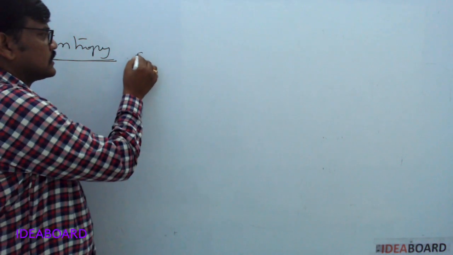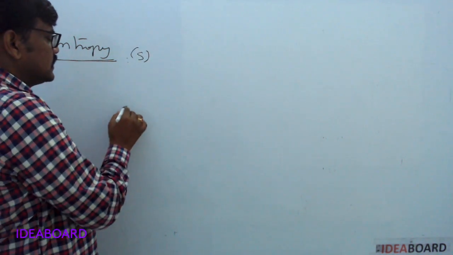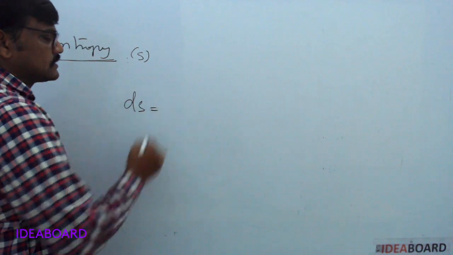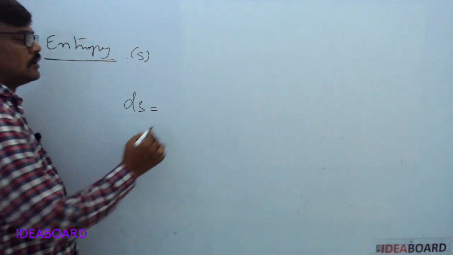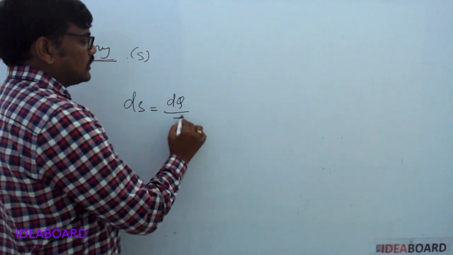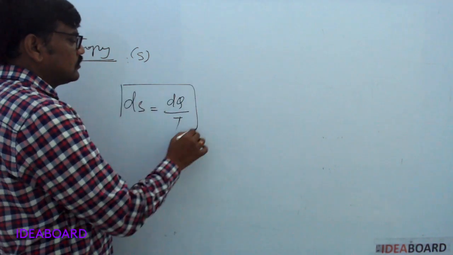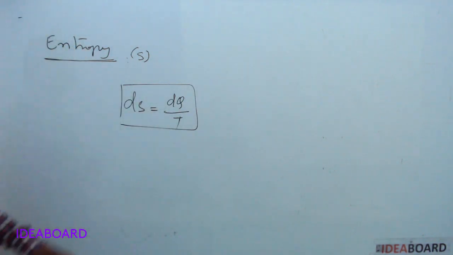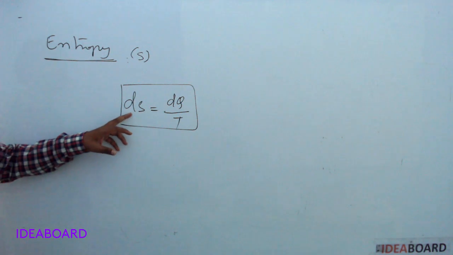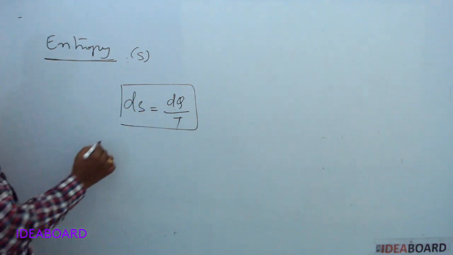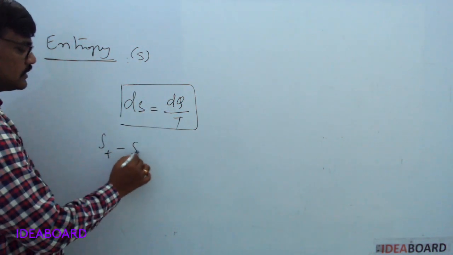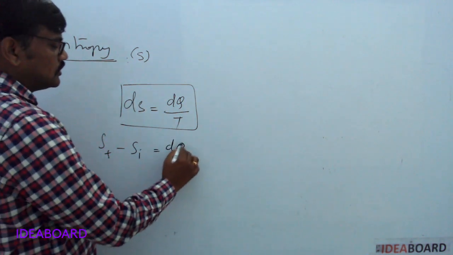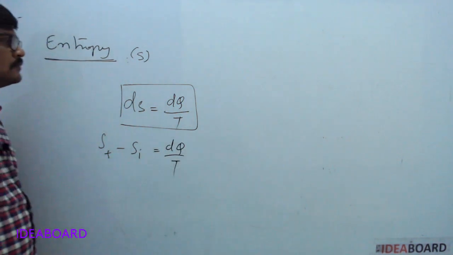Now, entropy is denoted by S. Generally, we measure the change of entropy, dS equals dQ divided by T. This is the change of entropy. Means final entropy minus initial entropy equals dQ by T.